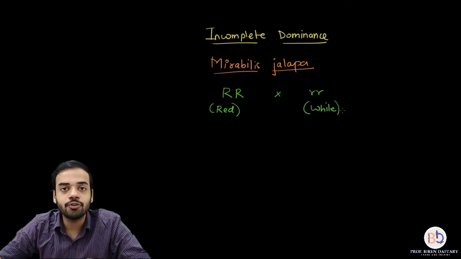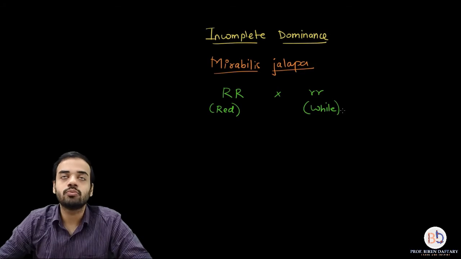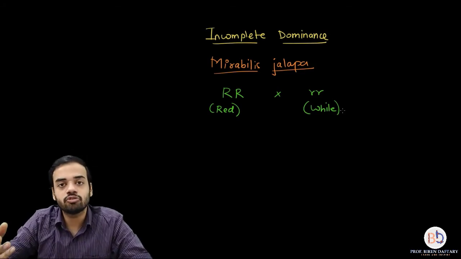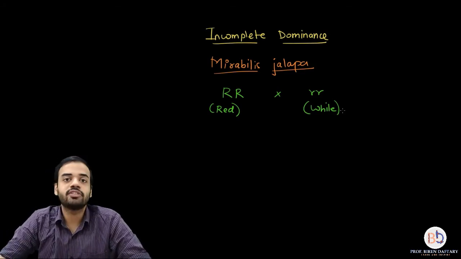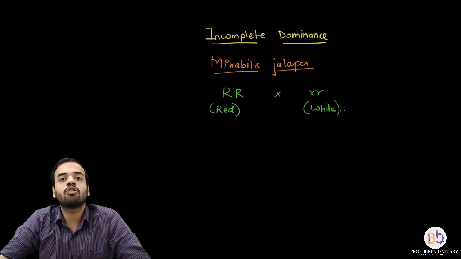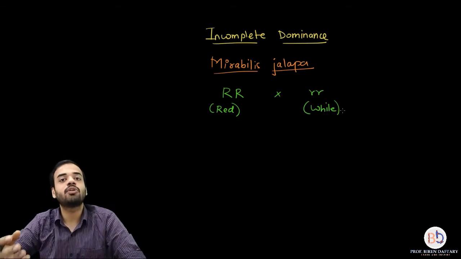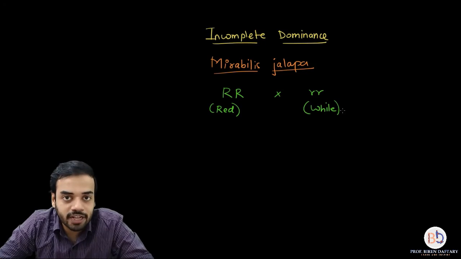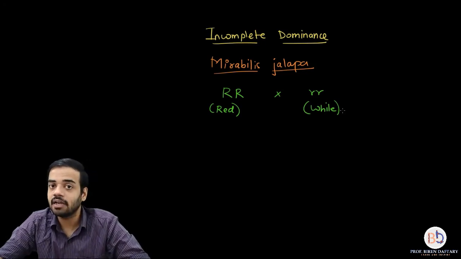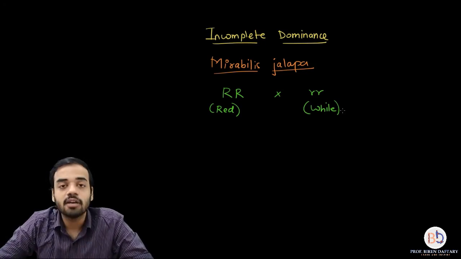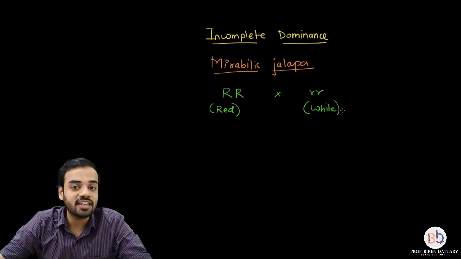Now if you were going to solve this cross using Mendel's first law, what would have been the result? You would have got a hybrid capital R small r, and you would have written the phenotype of that plant as red, because capital R would be dominant to small r, right? But here this is an example of incomplete dominance.